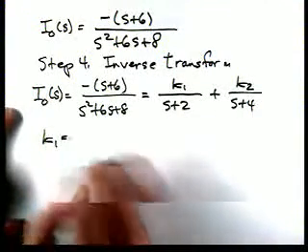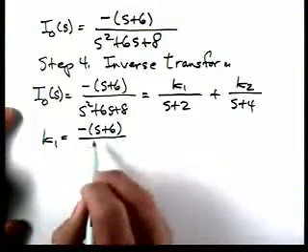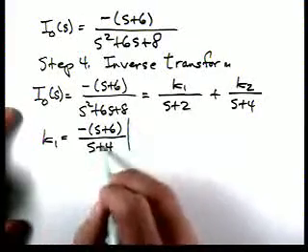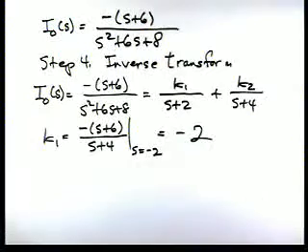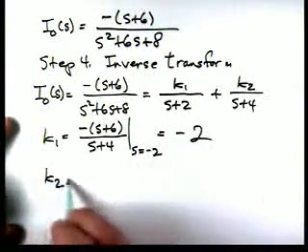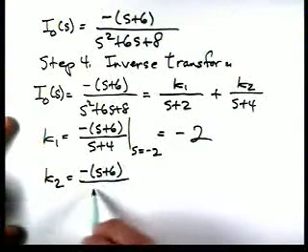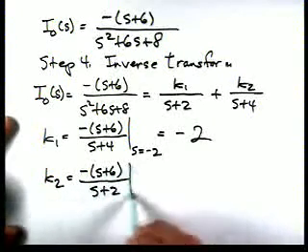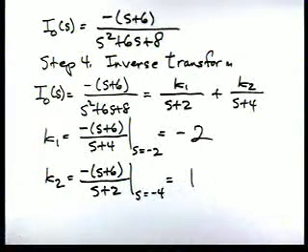So for K1 we multiply through by S plus 2, and then let S equal minus 2, and we get minus 2 out of that. And then for K2 we have minus S plus 6 over S plus 2. We evaluate at S equal minus 4. We get 1. So now we've completed the partial fraction expansion.